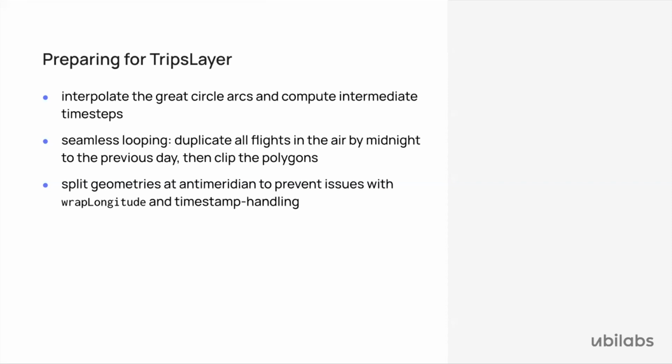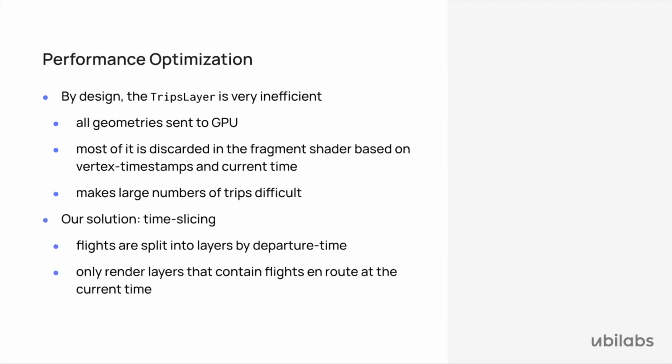And in order to achieve a seamless loop that you can watch for hours without jumping or something, we duplicated all flights that crossed the 24 hours line and copied them to the previous day, basically, then chopped off the rest, and there we are. And finally, there's a problem with wrap longitude and the trips layer. So we had to split the geometries at the anti-meridian, so we don't run into any of those.